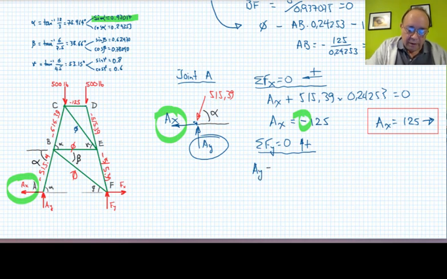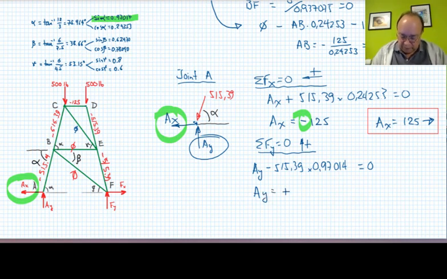AY minus 515.39 sine alpha. Sine alpha is 0.97014 equals 0. So AY equals plus 515.39 times 0.97014 equals 500.